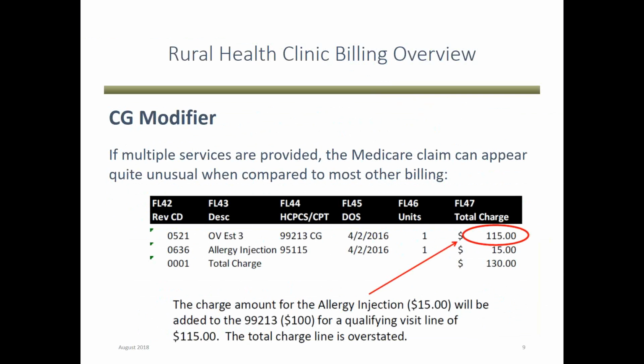Additionally, a separate line communicates to Medicare the additional incidental service for the allergy injection, along with the separate charge of $15 for this incidental service. Clearly, this approach for Medicare billing is unique to rural health clinics and can be cause for confusion for those new to the rural health clinic program.